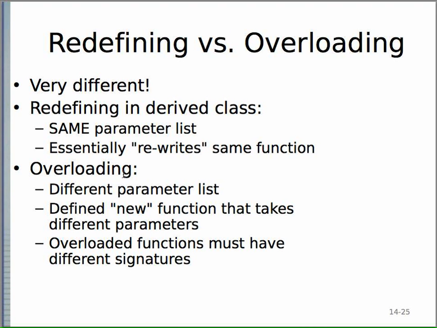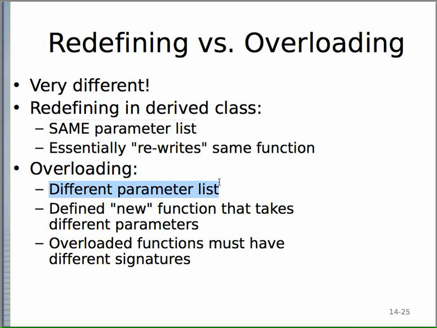So there's a big difference between redefinition, which is like overriding but not exactly, versus overloading. Remember, in Java, overriding and overloading are two different things, very different. Same thing here. Redefining in a derived class has the same parameter list as the function in the base class. It rewrites that function so that it does a completely different thing. Overloading, however, works differently. It has a different list of parameters.